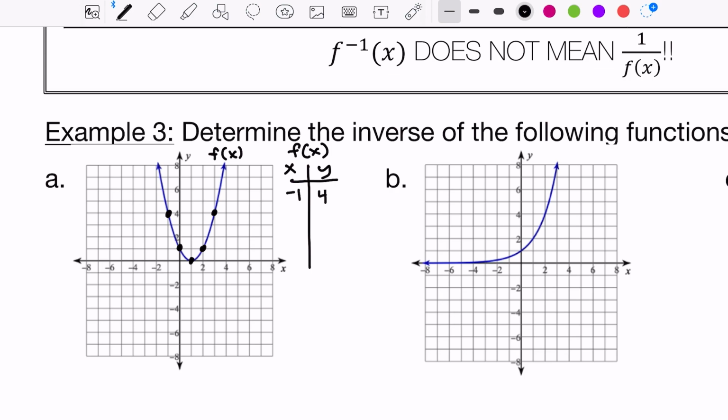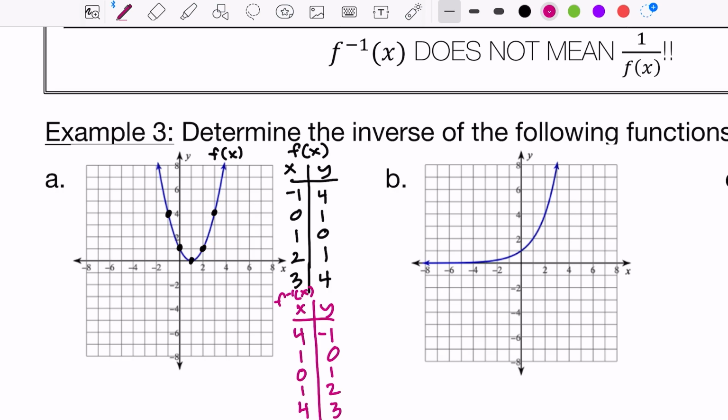So negative 1, 4 is that first point, 0, 1, 1, 0, 2, 1, and then that last point looks like it's 3, 4. And then to graph the inverse graph, super easy. All I'm going to do is switch all those coordinates. Don't do anything else. Just switch the whole line of x's and the whole line of y's, and then plot those points. 4, negative 1, 1, 0, 0, 1.